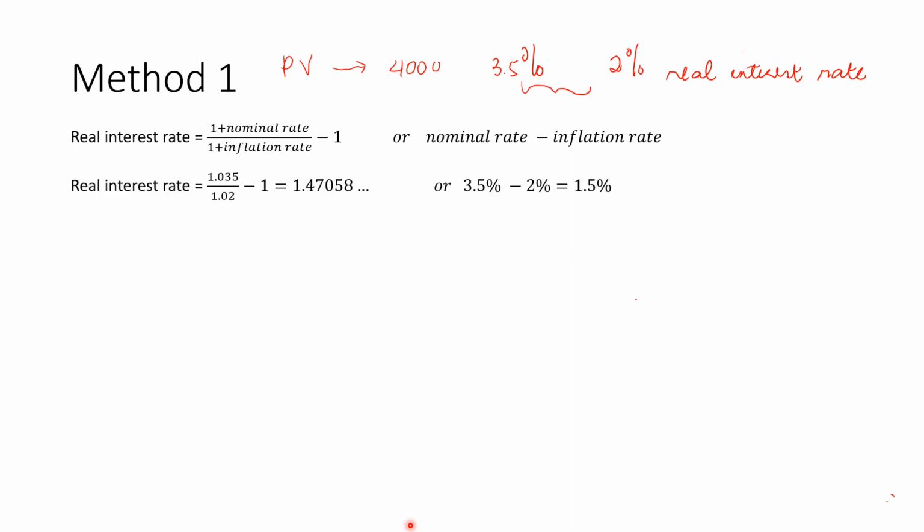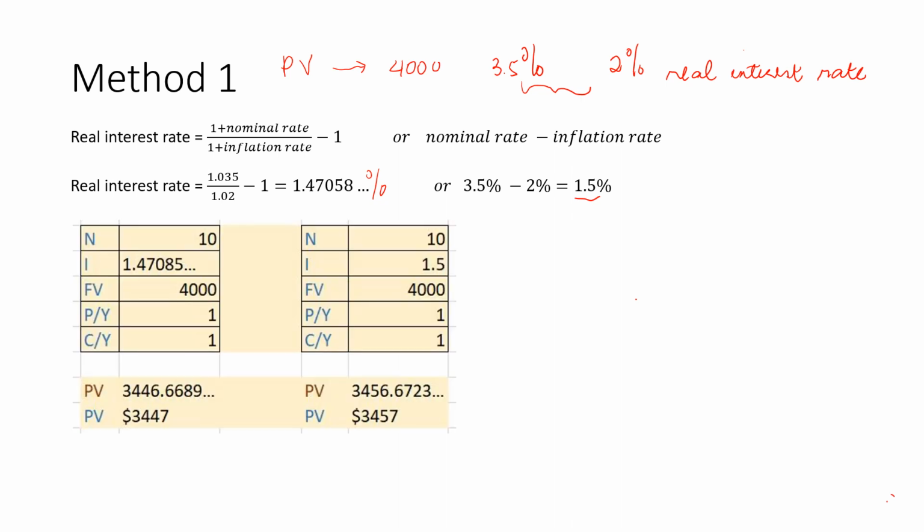Okay, substituting the values, we will have our real interest rate here as 1.47058% and here 1.5%. Now we can use our finance solver or your graphic display calculator. So we will have this. We'll encode here 10.